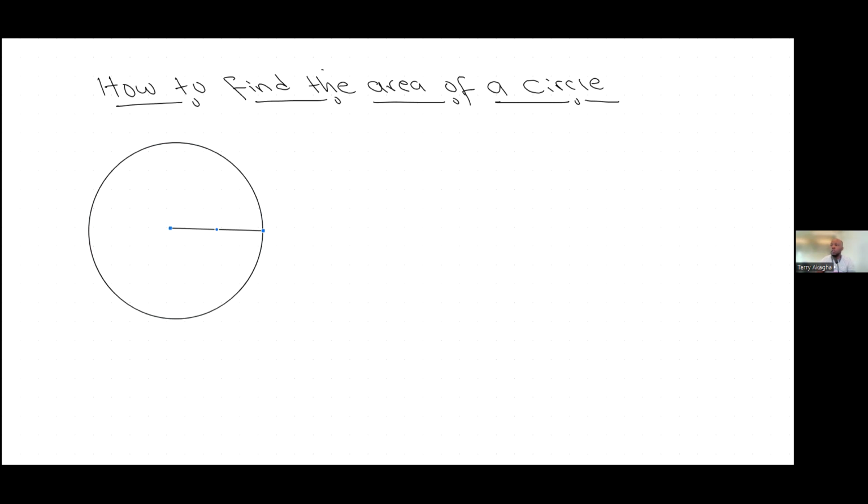And this is the radius. Now, when we're looking at the area of the circle, we are looking at the amount of space covered by the circle. So we're looking at all the space we have here. We're calculating the amount of space that this particular circle covers.